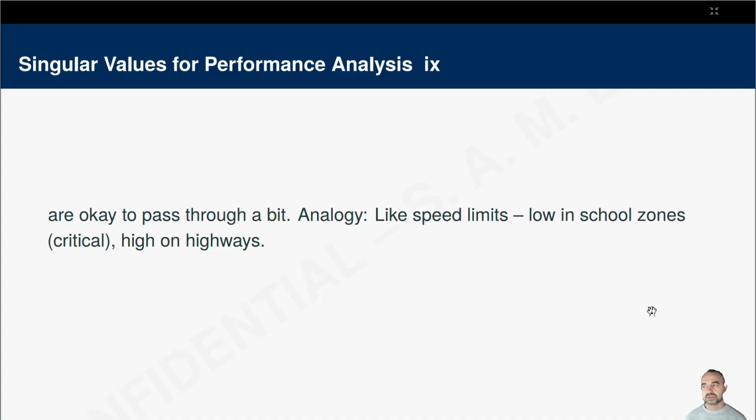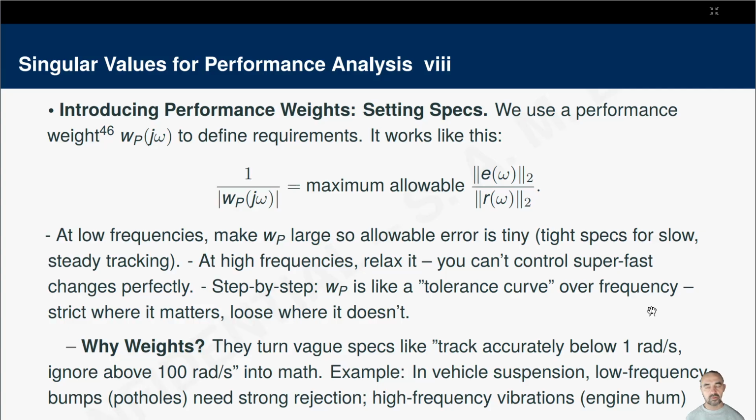The weight was 1 over the maximum allowable ratio of error norm over reference norm, or reference norm over error norm.